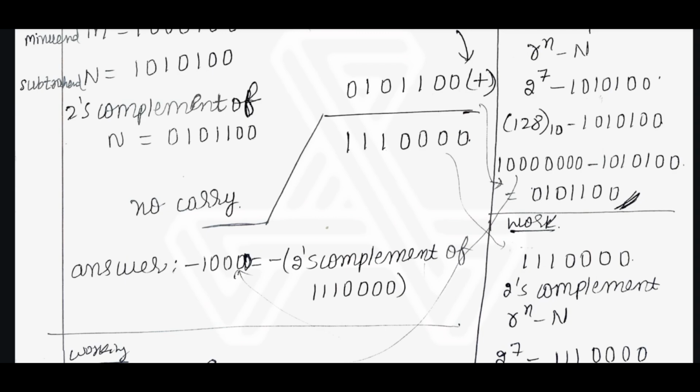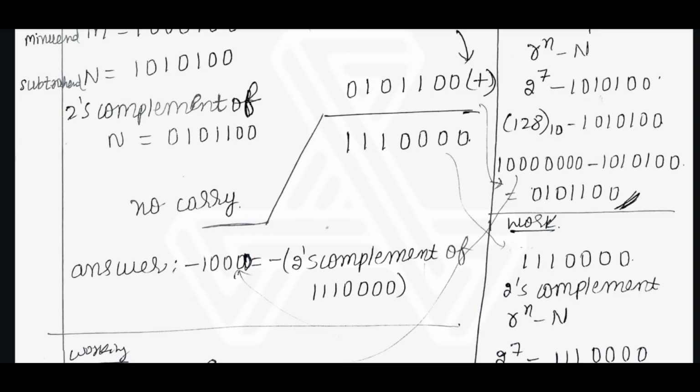We have this. Then we have to take the complement of this. What is the complement of this? 2 power 7 is 128.